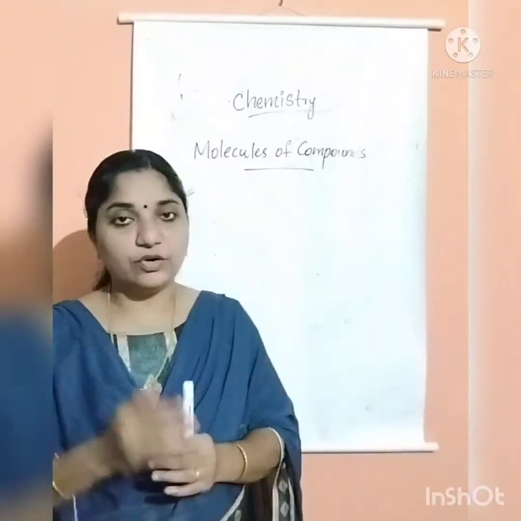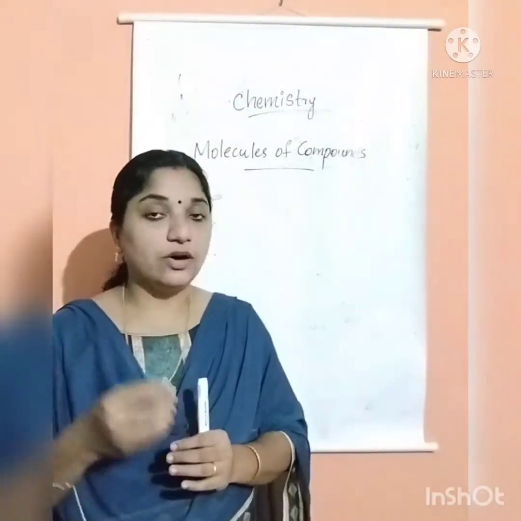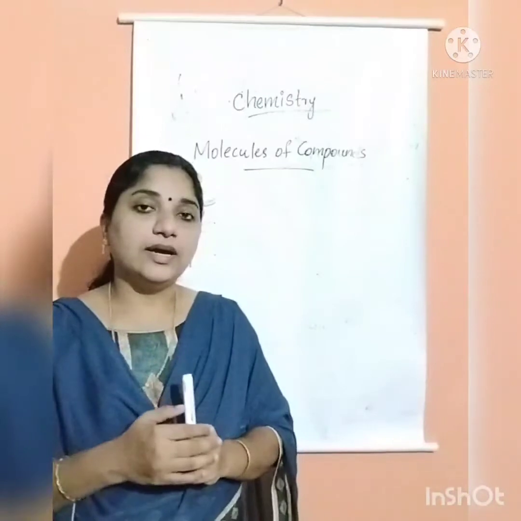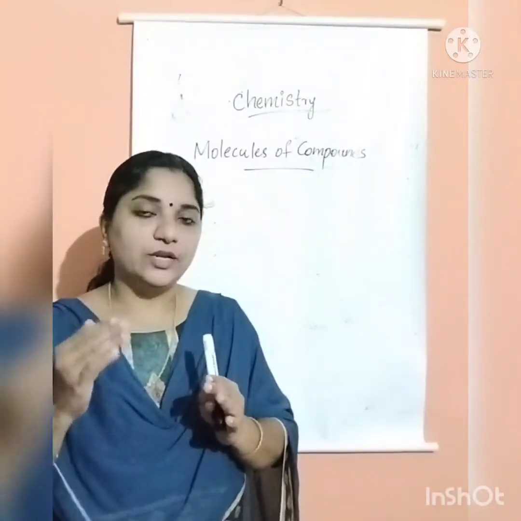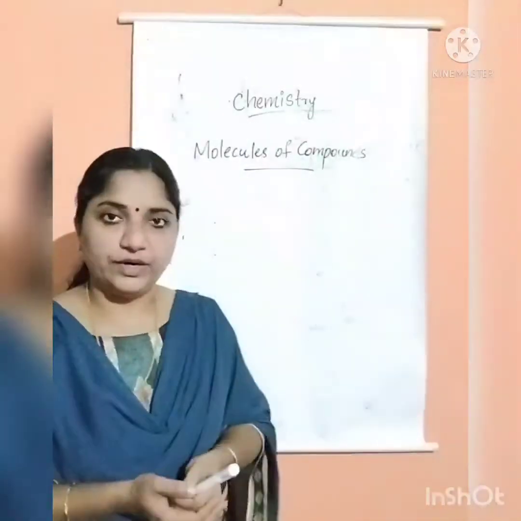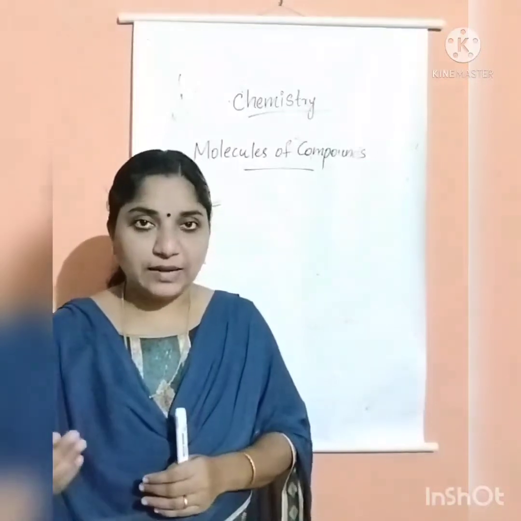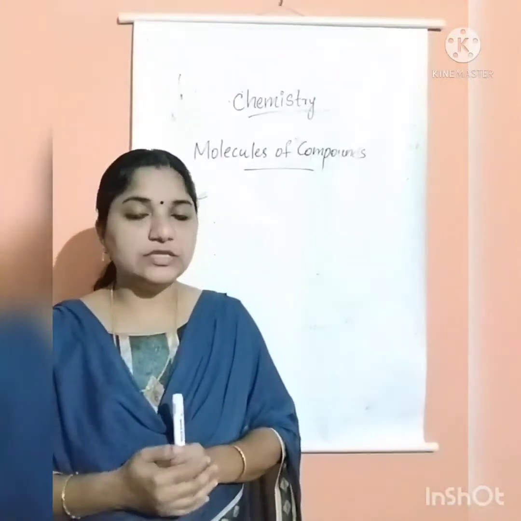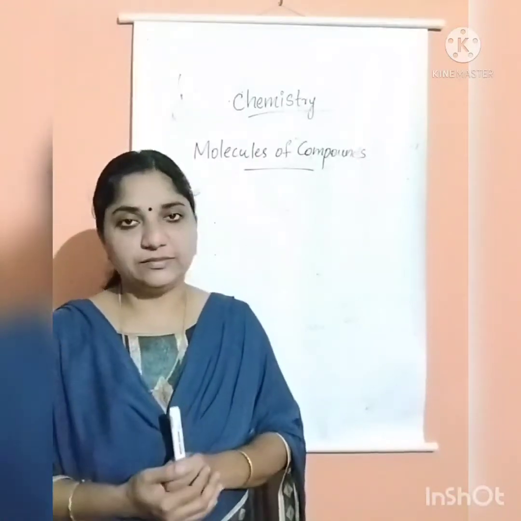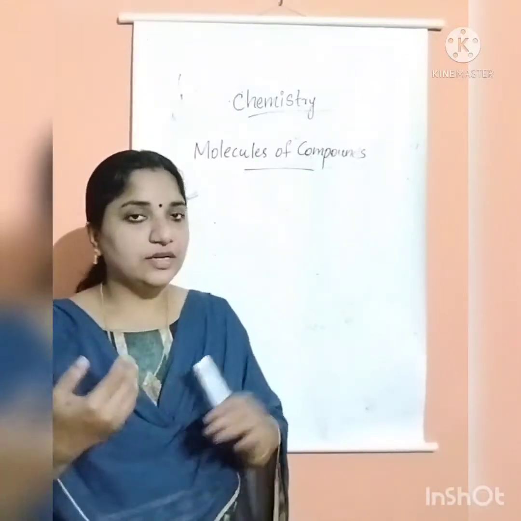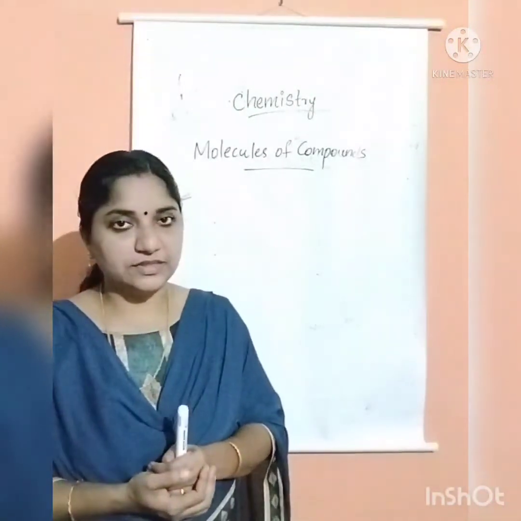The atoms of different elements are combined in a definite proportion. Then only compounds are formed. Okay, that is the difference between molecules of element and molecules of compound. Molecules of elements are constituted by the same type of atoms, but molecules of compounds are constituted by different types of atoms.